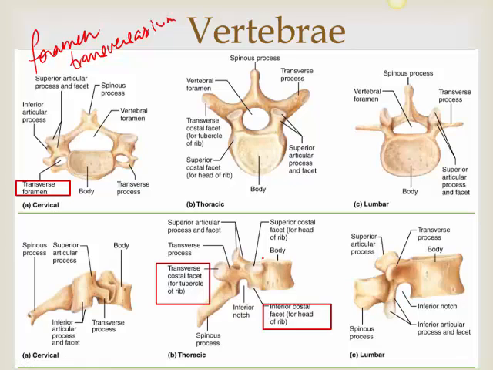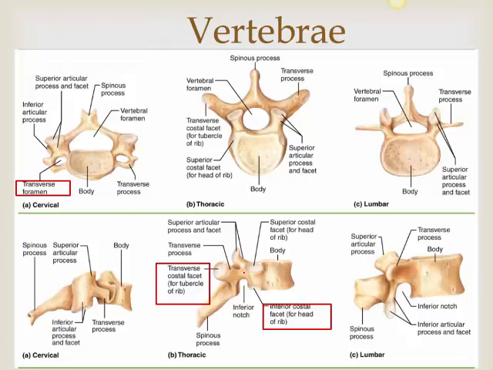On the body, up here and here, and on the transverse process, you have this smooth area called a facet. So these are known as costal facets. You see these costal facets on the body as well as on the transverse process to allow for a rib to articulate there.